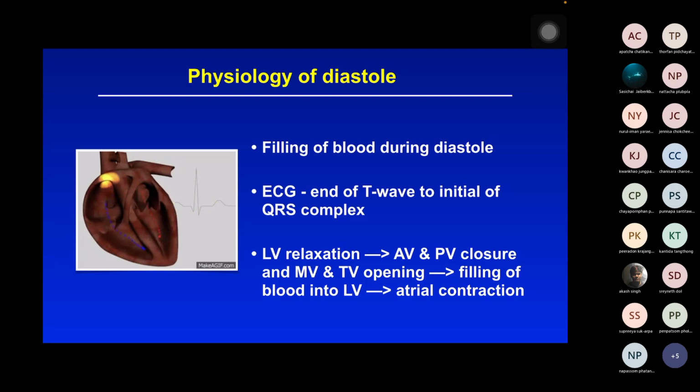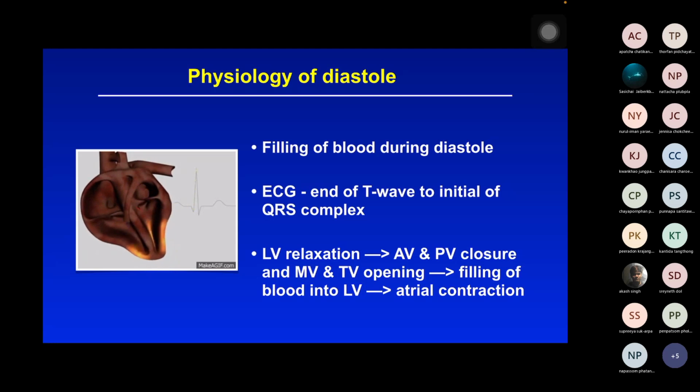After finishing the systolic phase, we come into the diastolic phase. The main function of the diastole is filling the blood. From the ECG, we look at the end of the T wave to the start of the next QRS complex. But the systolic phase starts from the QRS complex to the end of the T wave.